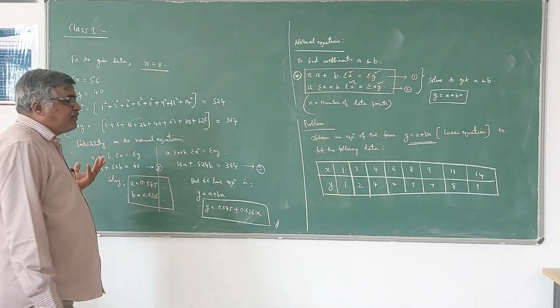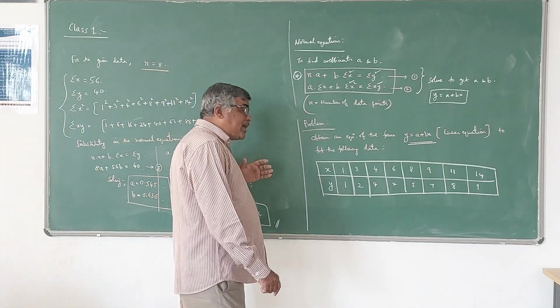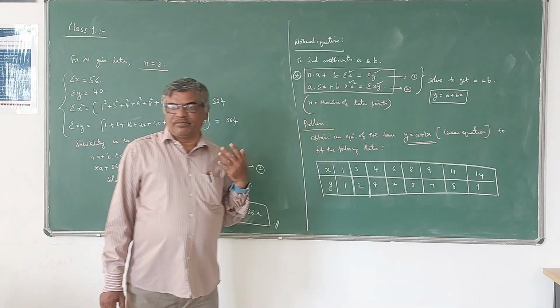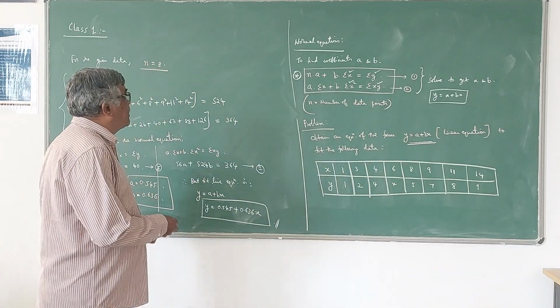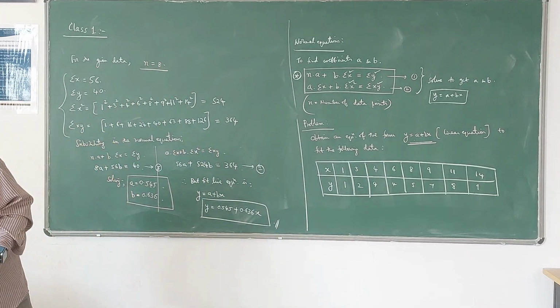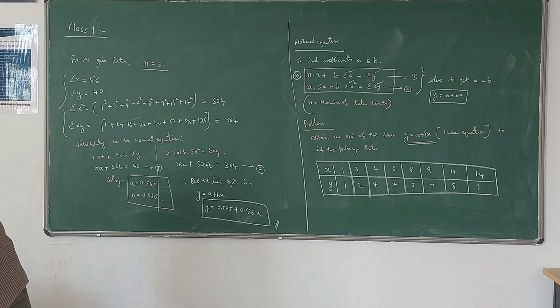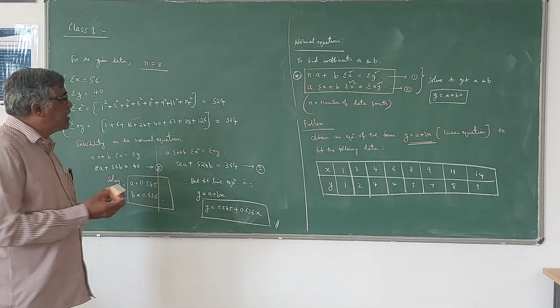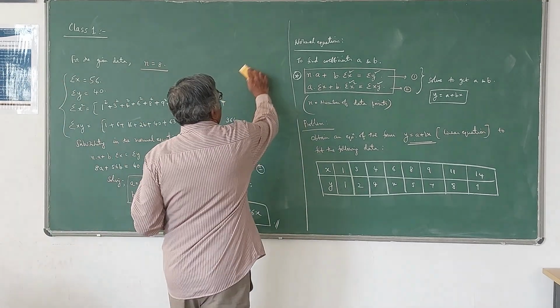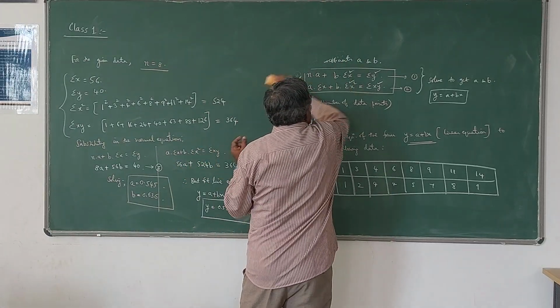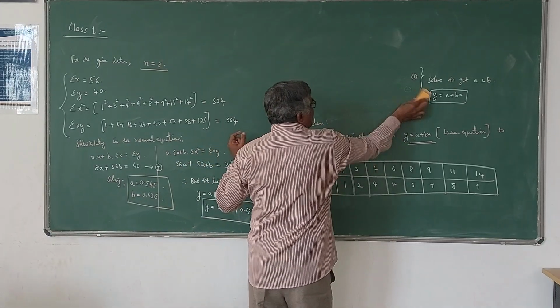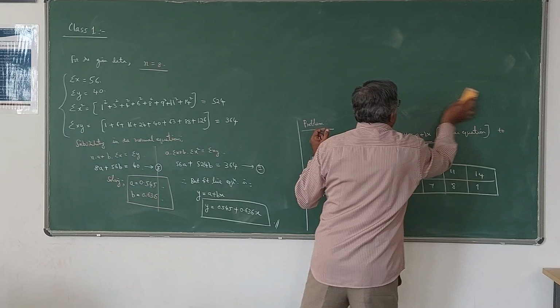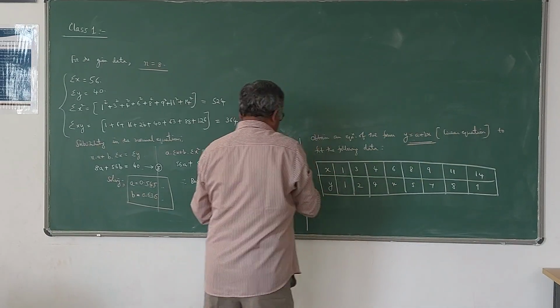Sometimes if they give y is equal to ax plus b, then you should be careful. If they ask you to find the equation in the form ax plus b, and if it doesn't give anything, you can take y is equal to a plus bx.